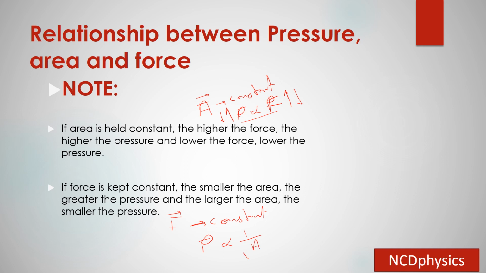So increasing the area decreases pressure, and decreasing the area increases pressure. Okay, this is the last part of the topic which we have studied. So the smaller the area, the greater the pressure, and the larger the area, the smaller the pressure.